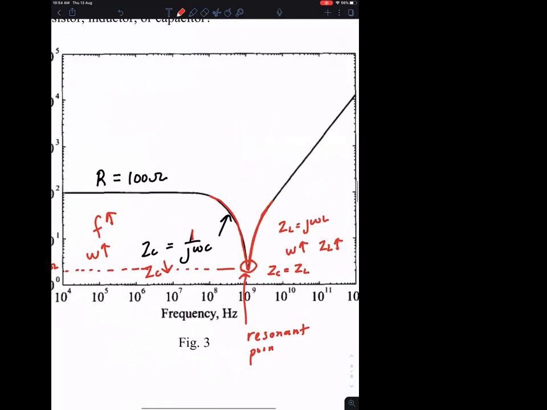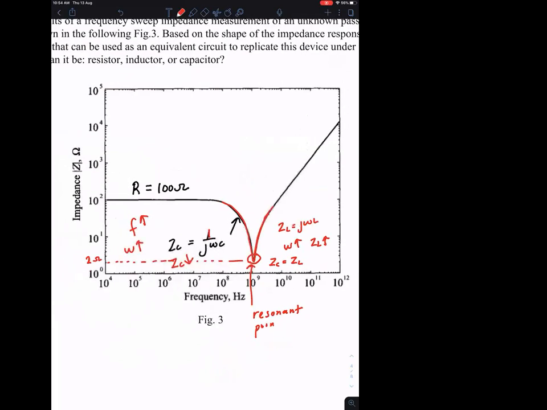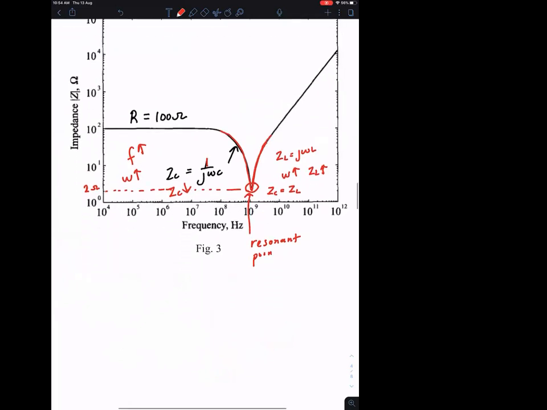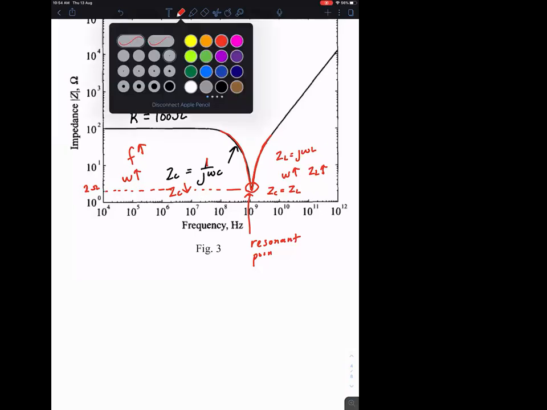So now I'm asking you to write an equation for this. You can start here.